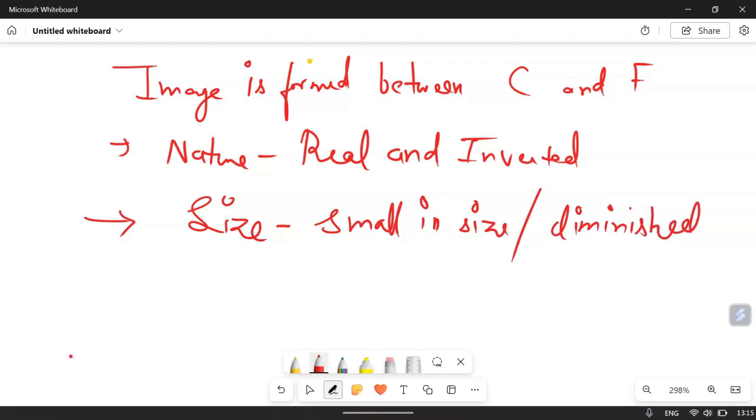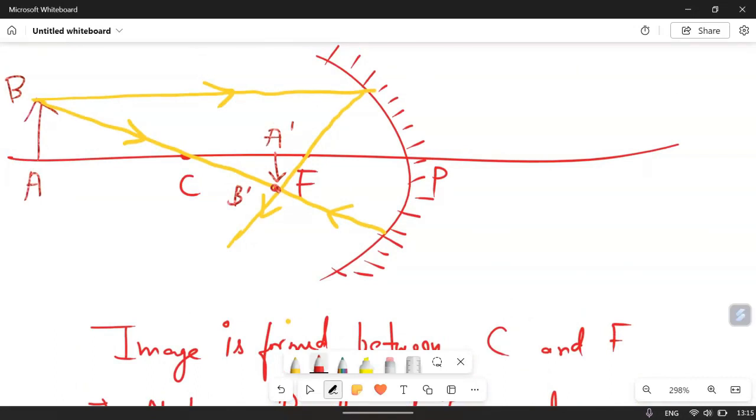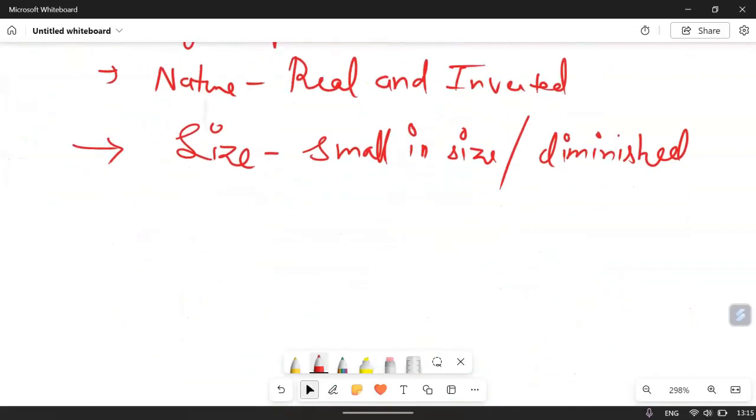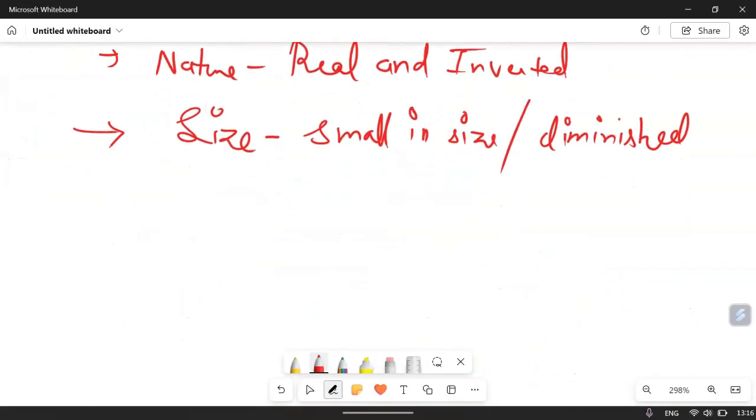From the diagram you can understand, if this is 5 then it is less than 5, maybe 2, maybe 3, so it is always diminished.